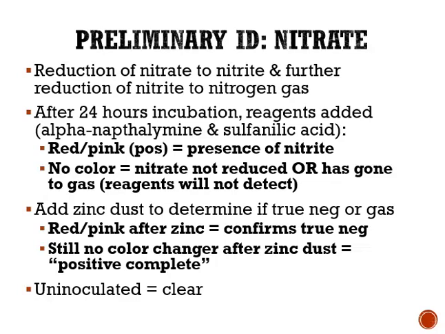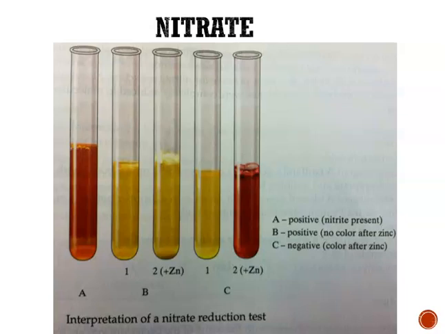If the nitrate had already been reduced to nitrite, then the addition of the zinc dust would not have had anything to reduce. So if there's still no change after the addition of the zinc dust, you can call that positive complete, and that means that it had been reduced further to nitrogen gas.